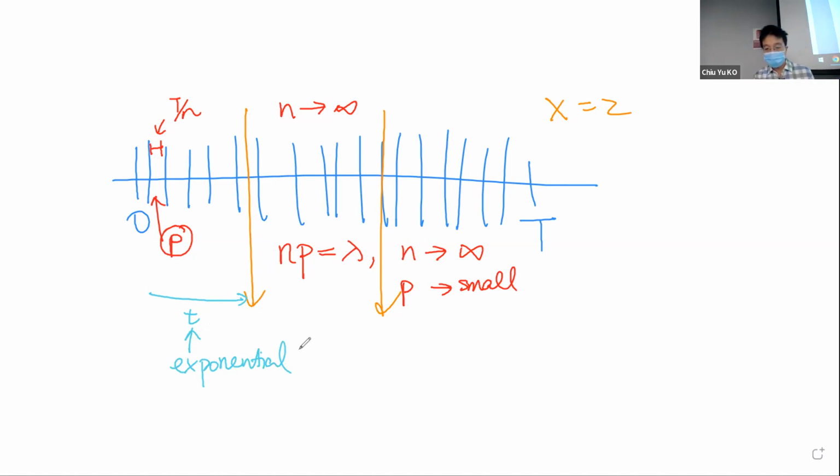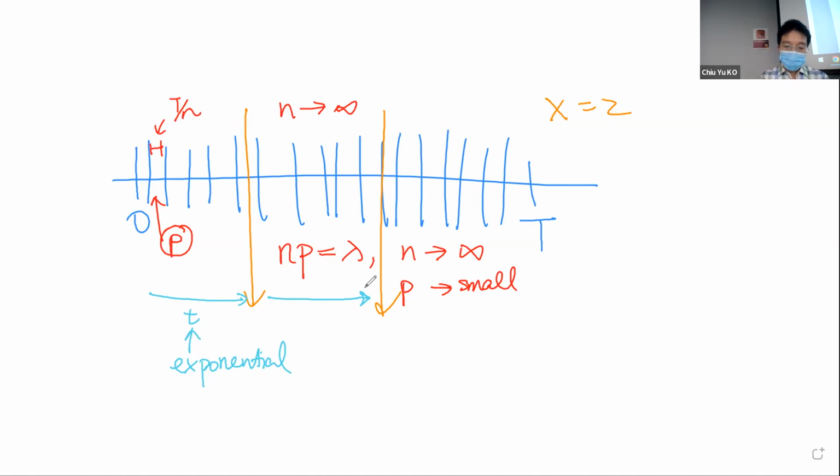The idea is the same as Poisson, independent, or what we call the memoryless property. So this is also exponential, because once you have done, you count again, it's still exponential. So it doesn't really matter, the first success or second success, the same thing, because that is what exponential means.